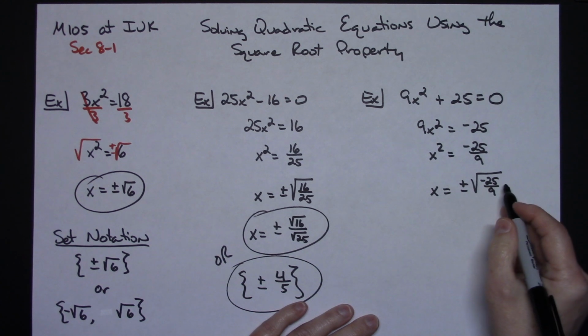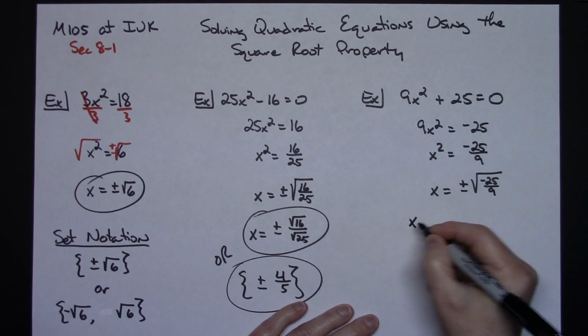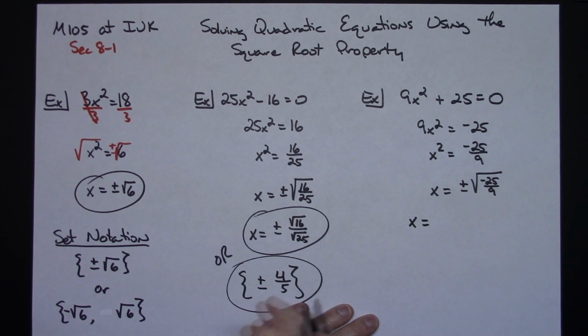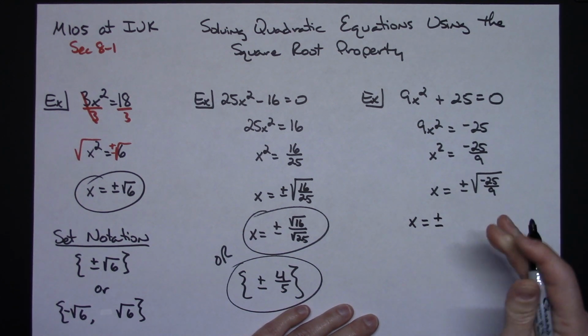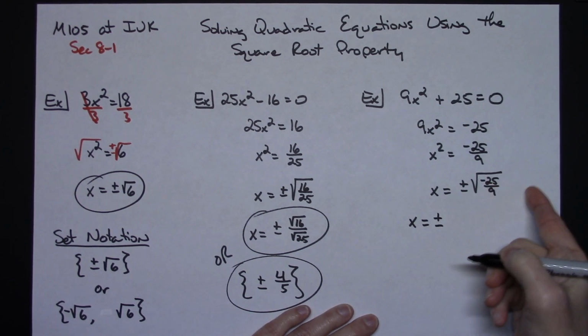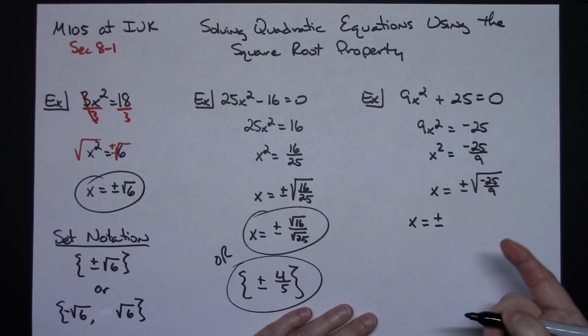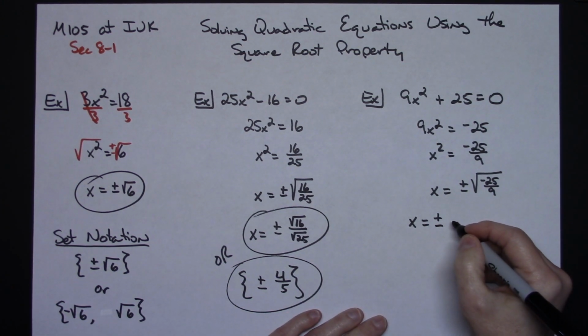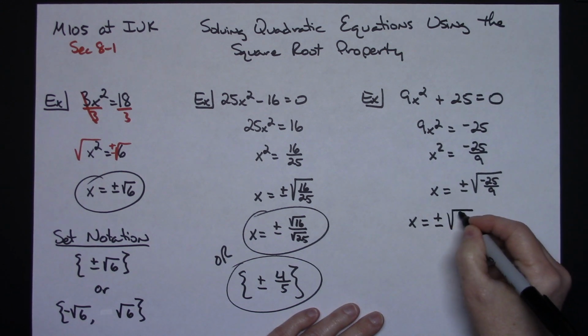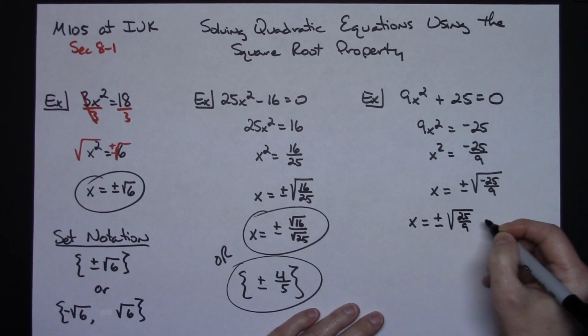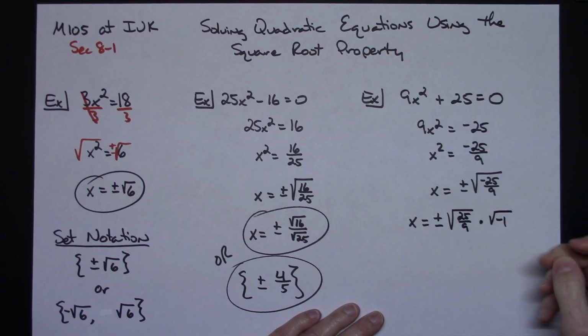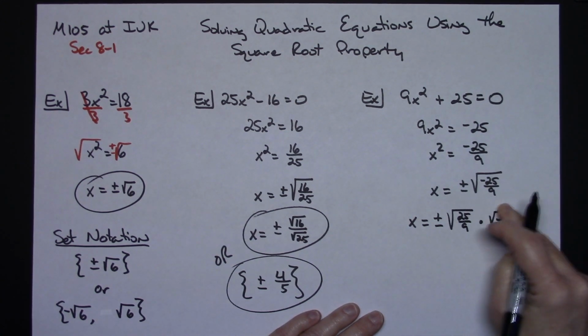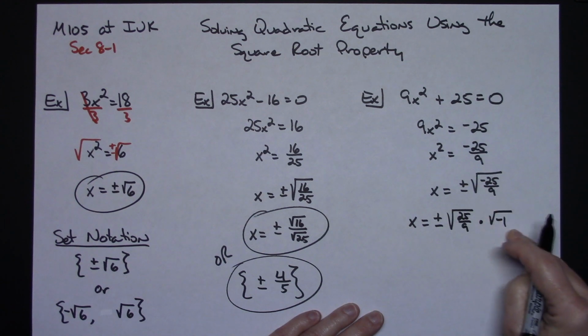I can multiply two radicals as long as they have the same index. So if I separate that into the square root of 25 over 9 times the square root of negative 1, that lets me pull that negative 1 out so that I can clearly see that this is where my i is going to come from.